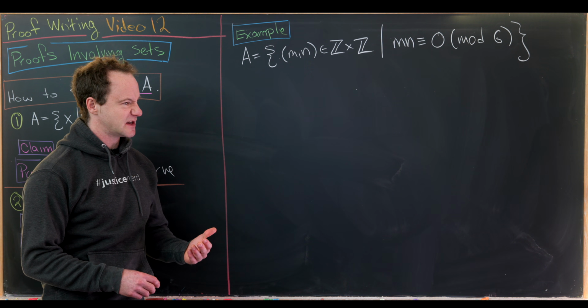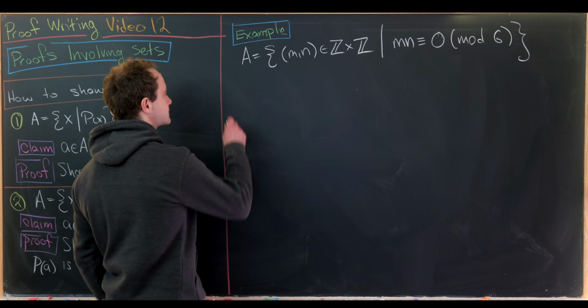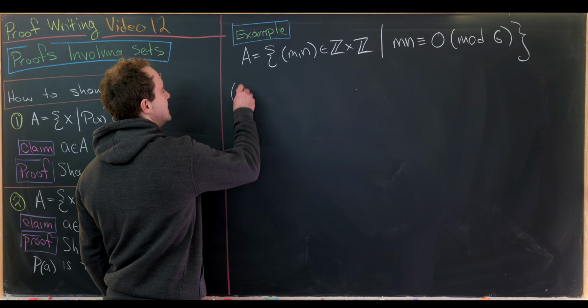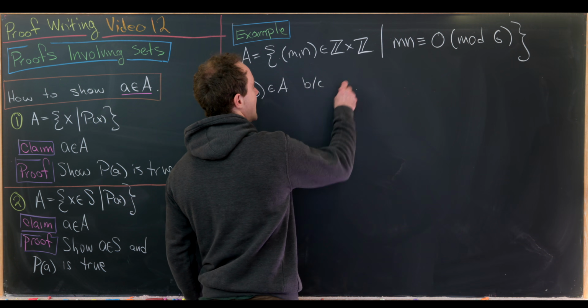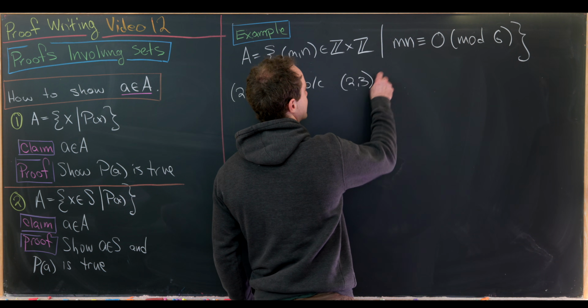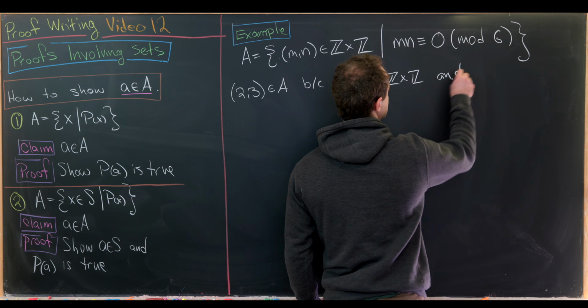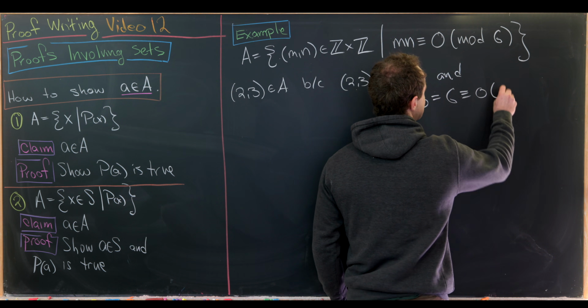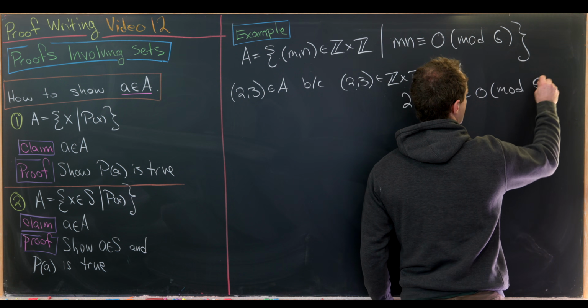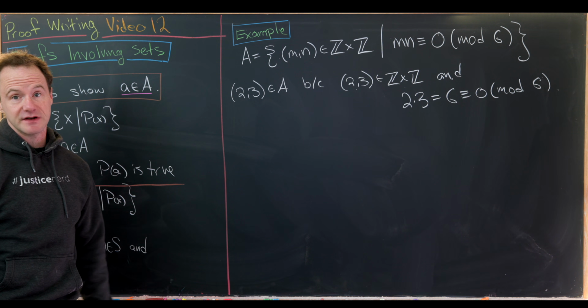So let's look at some examples of things in A and things not in A. Let's notice that (2, 3) is in A, and that's because (2, 3) is in Z cross Z, and 2 times 3 is equal to 6, but 6 is congruent to 0 mod 6. So that's really all there is to it.